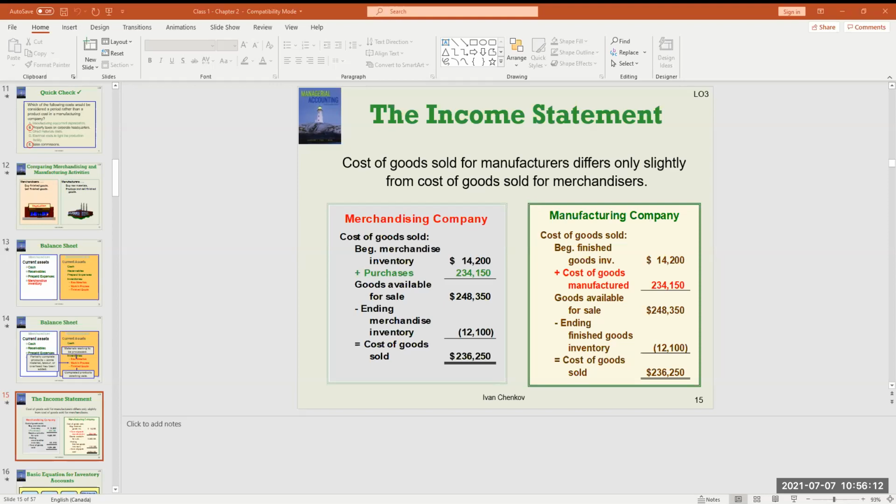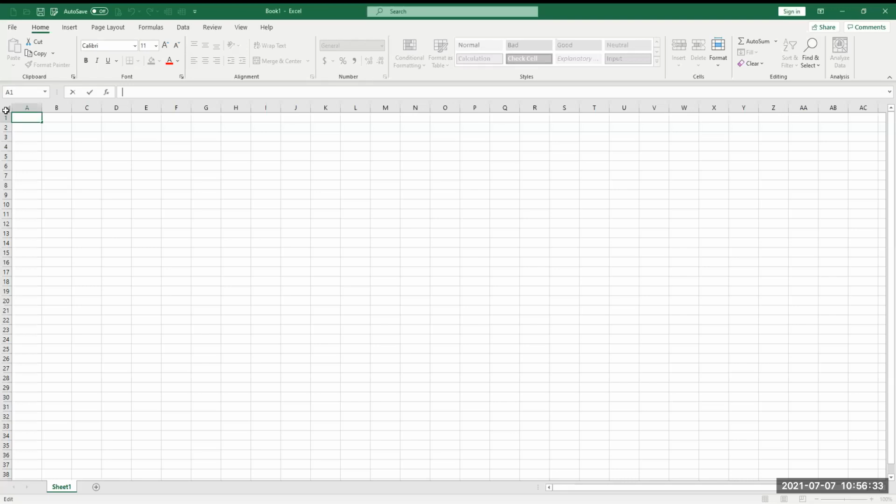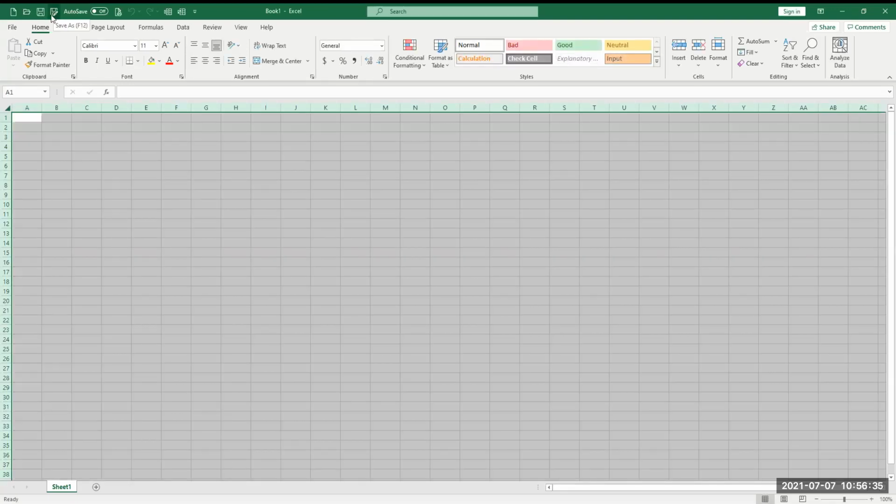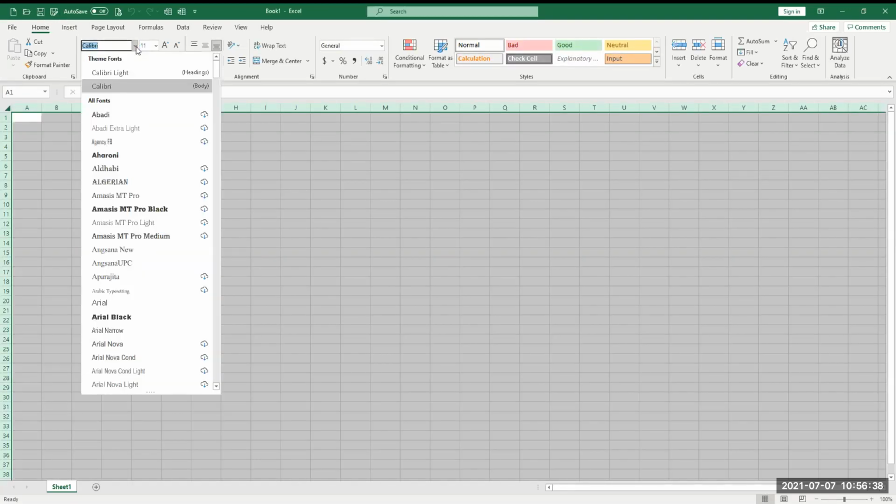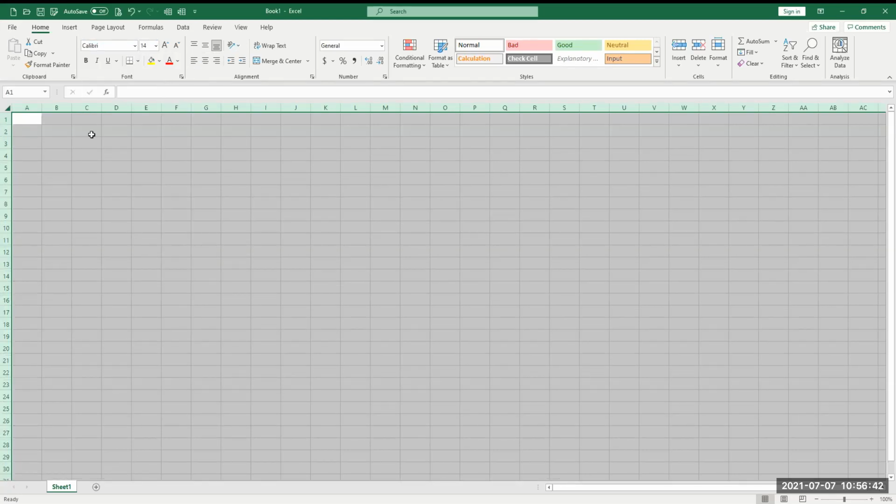Let's start from a pure Excel spreadsheet and work together on some basic knowledge, just to make sure that you have it. Can you see my screen? Yes. Wonderful. Okay, great. Let's change this to 14 so it can become bigger.